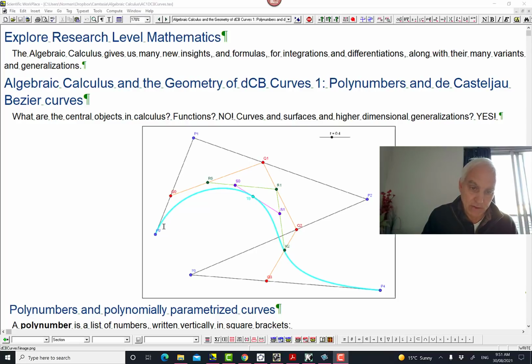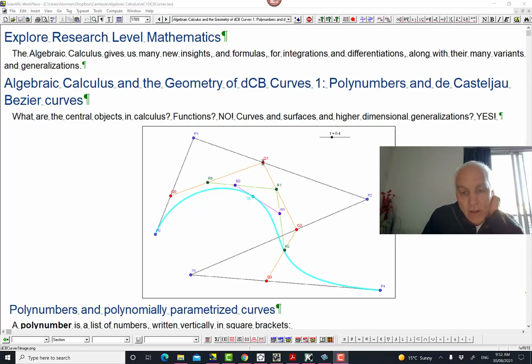So Q0 runs from P0 to P1, Q1 runs from P1 to P2, etc. And these all move proportionally. So if t is, say, 1/3, then Q0 will be 1/3 of the way along. Actually, in this case here, t happens to be 0.4, and this Q0 is 0.4 of the way along. Q1 is 0.4 of the way along here, Q2 is 0.4 of the way along here, and Q3 is 0.4 of the way along here.